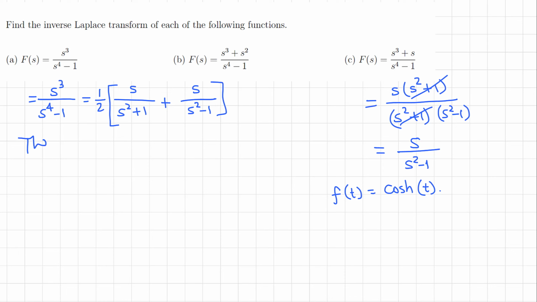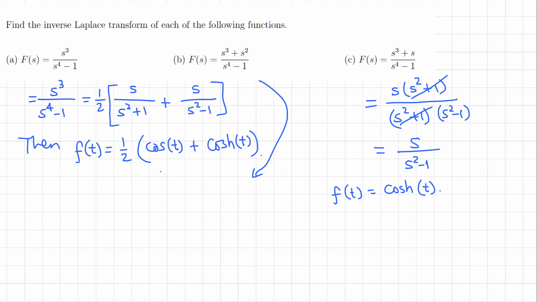Then little f as a function of t equals 1/2 times, inside, s over s squared plus 1, that's the regular cosine t from the table, plus the minus means cosh, hyperbolic. Done.